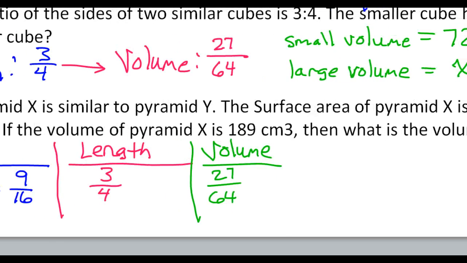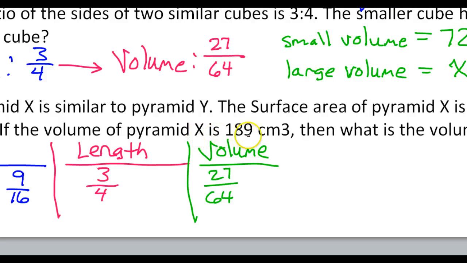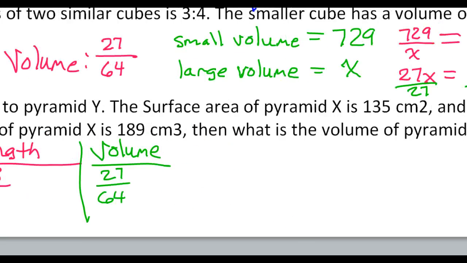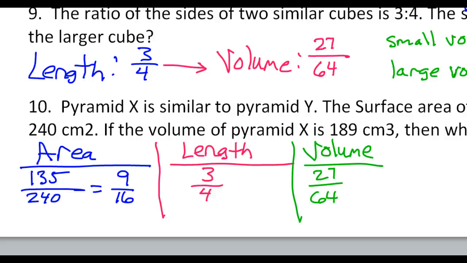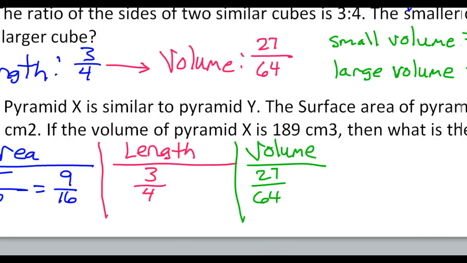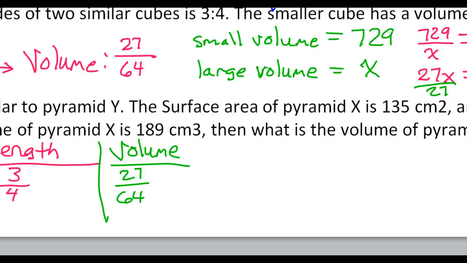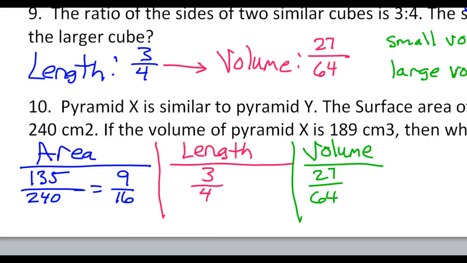They said the volume of pyramid X is 189. Now let's keep track. When they gave us those first two, the 135 and the 240, the 135 was pyramid X. So it's X over Y, where X is the small and Y is the big.